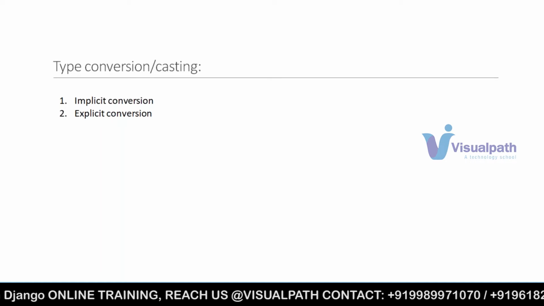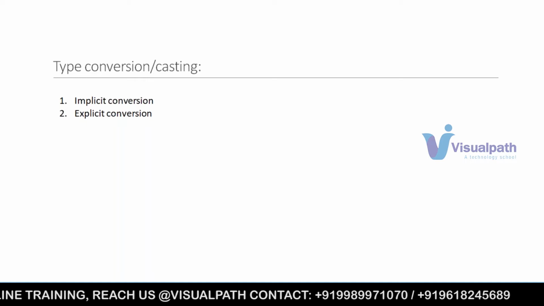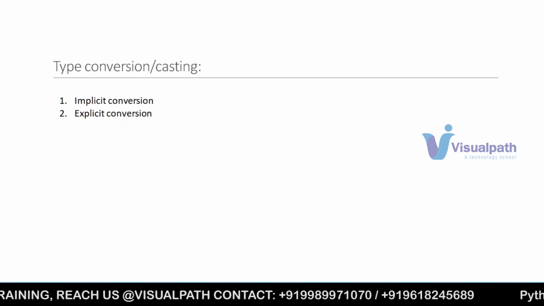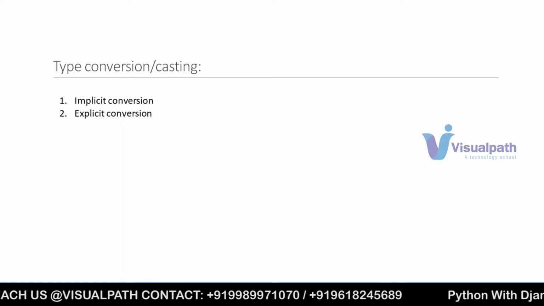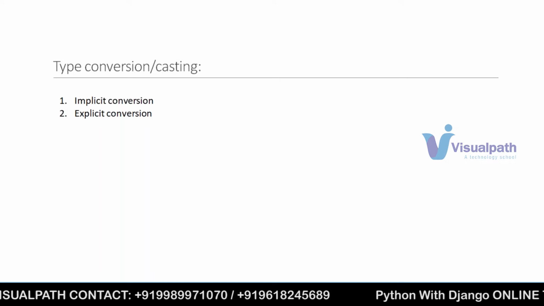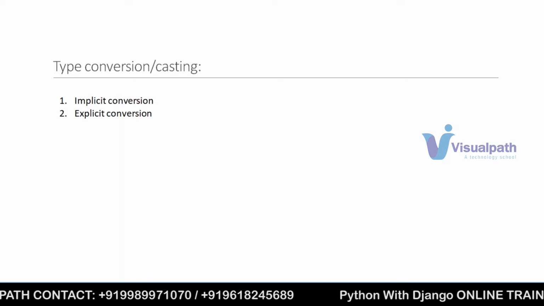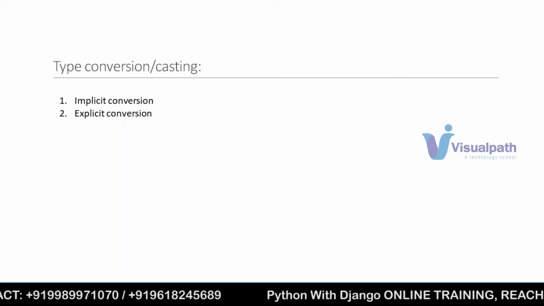So we have two different type conversions: implicit conversion and explicit conversion. Note it down. Implicit conversion means the Python virtual machine itself will take care of this conversion. As a programmer, we need not do anything. This is what we call implicit conversion. What does it mean?